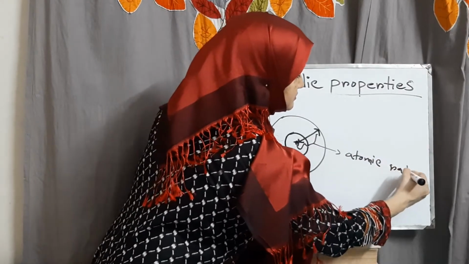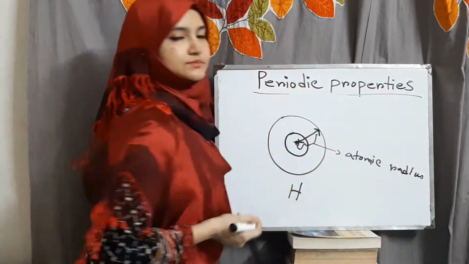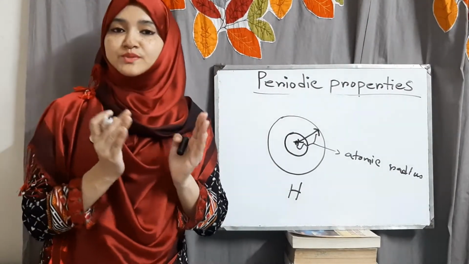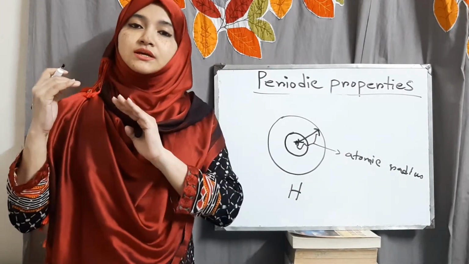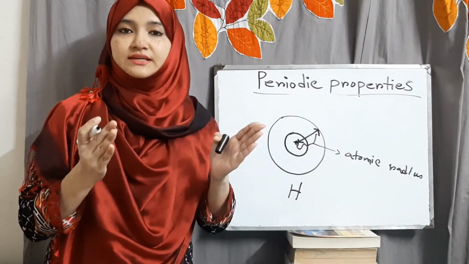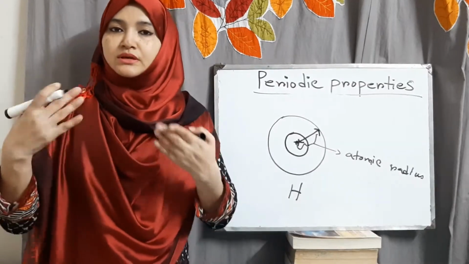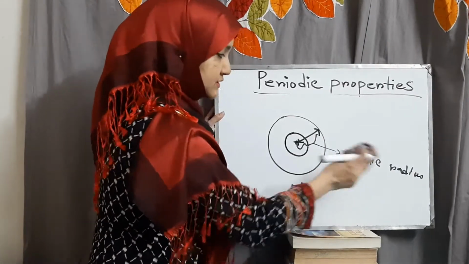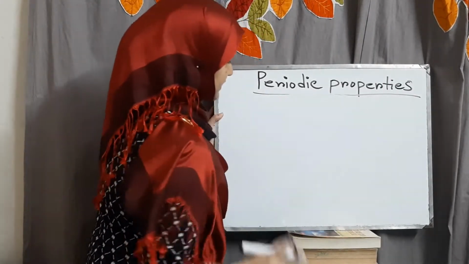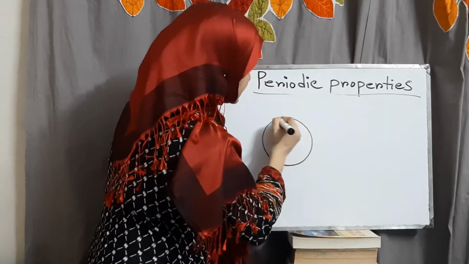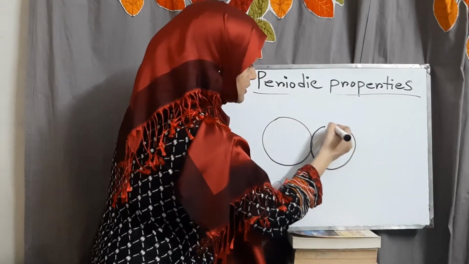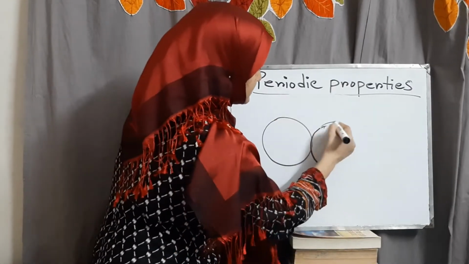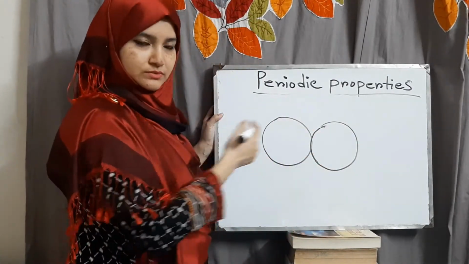Atomic radius. This is for a single atom, and we know some atoms exist in nature as diatomic molecules, non-metallic gaseous elements, and for that the atomic radius will be calculated differently. They form a molecule like this, the shape is not proper, and they are connected by bonding.